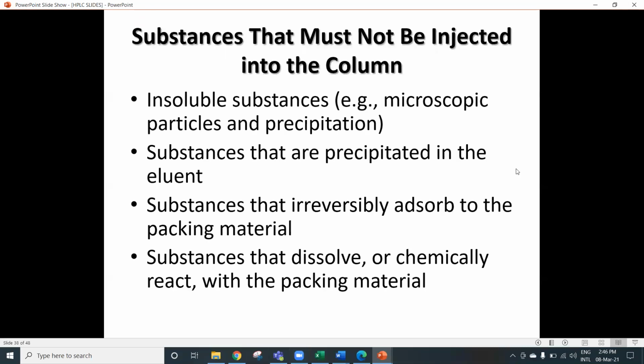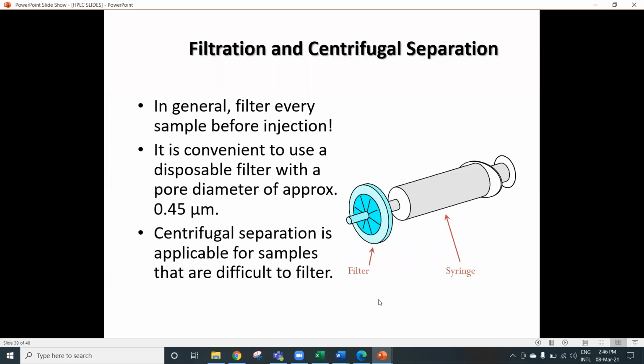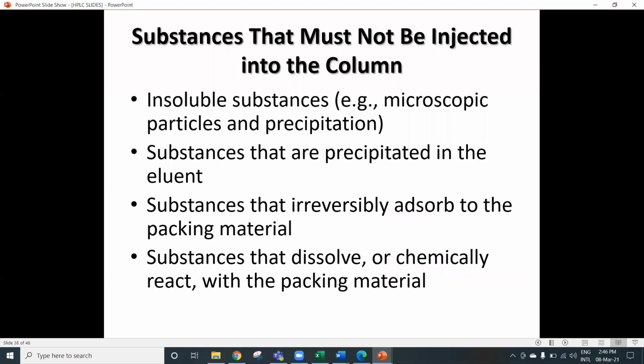So what are the substances that must not be injected into the column? Substances like microscopic particles and precipitates of your precipitation analysis, substances that can be precipitated in the eluent, substances that can irreversibly adsorb to the packing material, and substances that dissolve or chemically react with the packing material. You don't want these to go into your chromatograph.